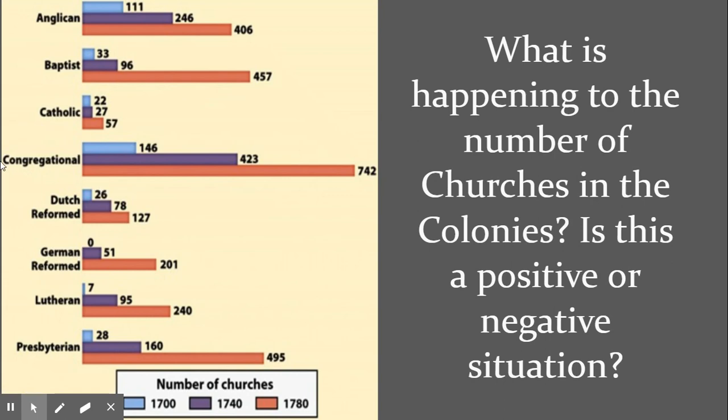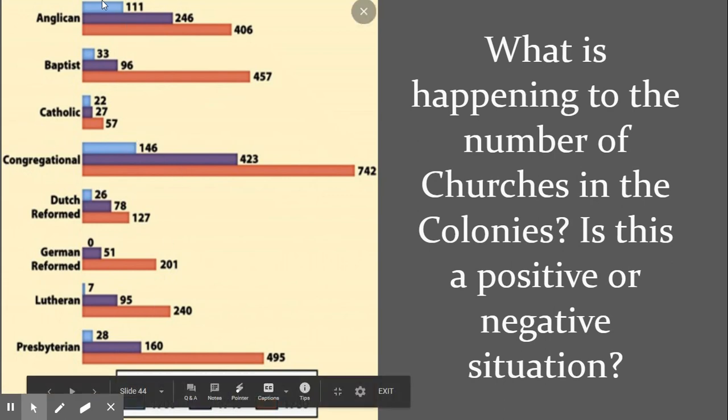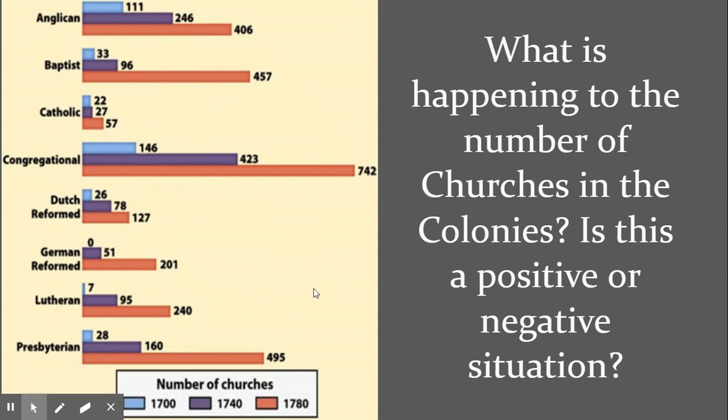So look at this. In 1700, you had a lot of churches. In 1780, what did you have? The number of churches skyrocketed because, look, all of these were way down. You had 33 Baptist churches and 96 Baptist churches, and then in 40 years, you had 457.